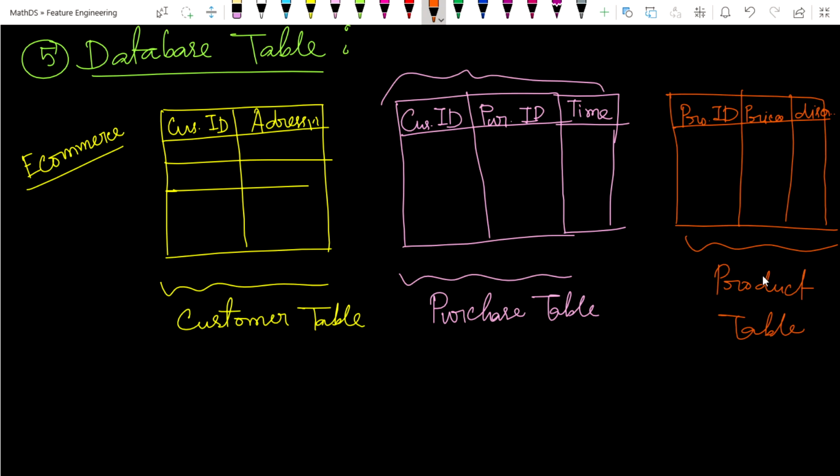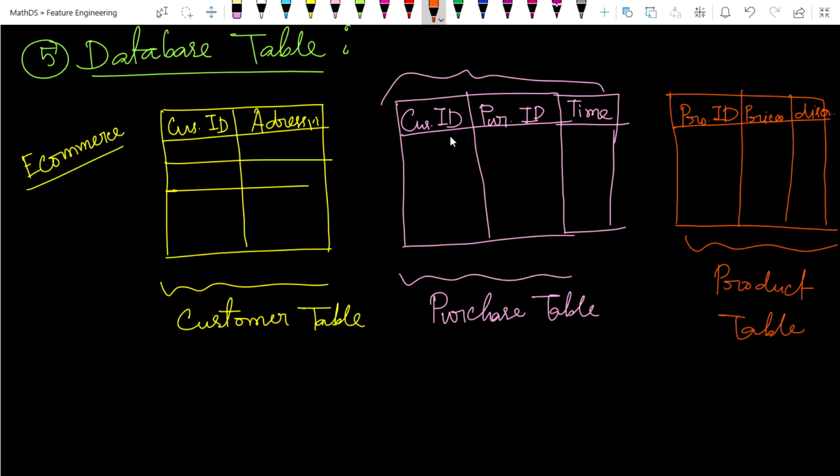Instead of writing the product details in those tables, it is better to make separate tables. Based on our requirement, for each customer we can find the product ID, and for each product ID we can find the details from these tables.